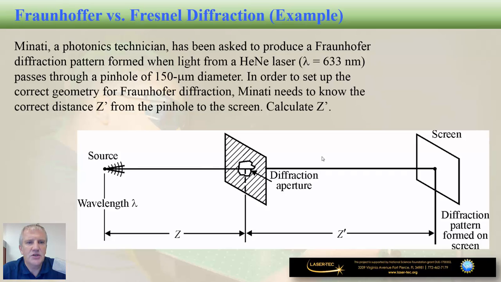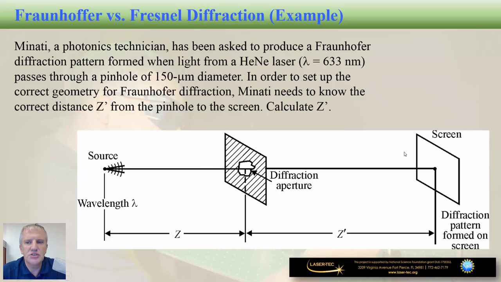So here's an example. A photonics technician has been asked to produce a Fraunhofer diffraction pattern formed using light from a helium-neon laser at a wavelength of 633 nanometers that passes through a pinhole type of diffraction aperture. The pinhole size is 150 micrometers in diameter. This photonics technician, Minati, has to set up the correct geometry for the Fraunhofer diffraction.